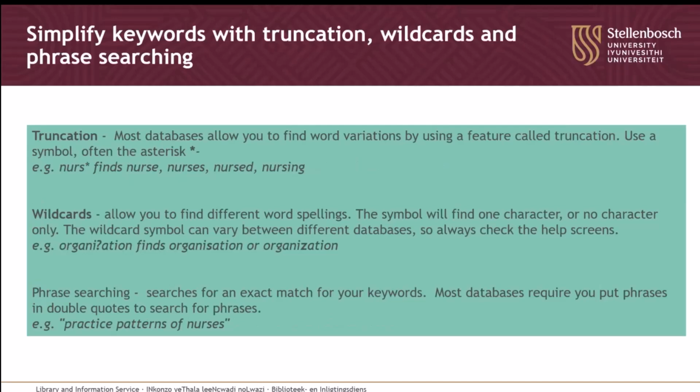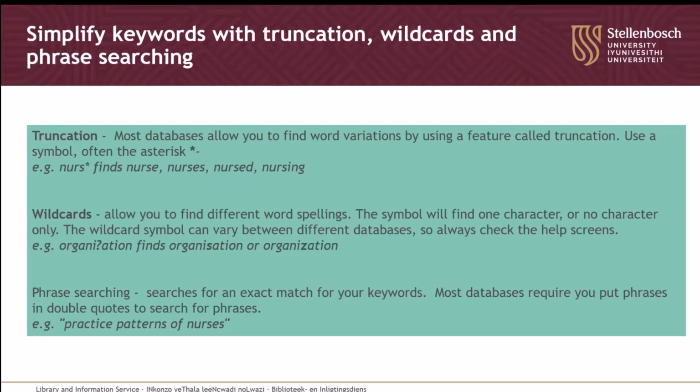This is the truncations, wildcards, and phrase searching. The examples there give you an idea: if you search nurse with an asterisk, it will find nurse, nurses, and nursing. The same with organization, the wildcards. If you put a quotation mark there, then it will find organization and organizations with the Z. And then the phrase search at the bottom.